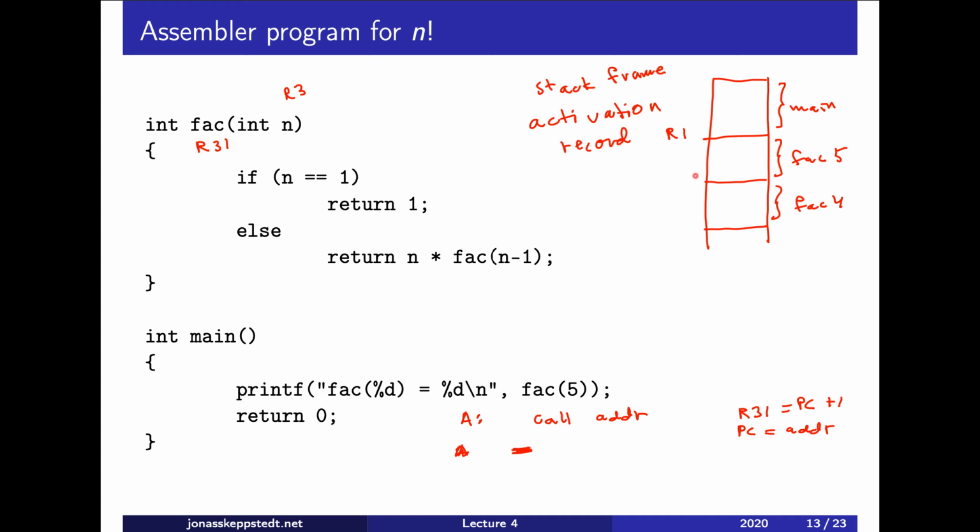Then when we return, R1 will move there, etc. And when we make a return, we set R1 to the value it was when we came to that function.